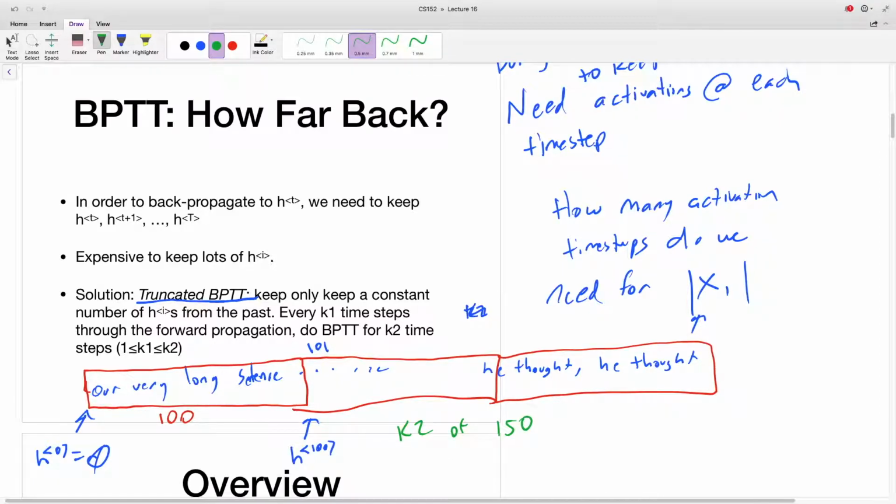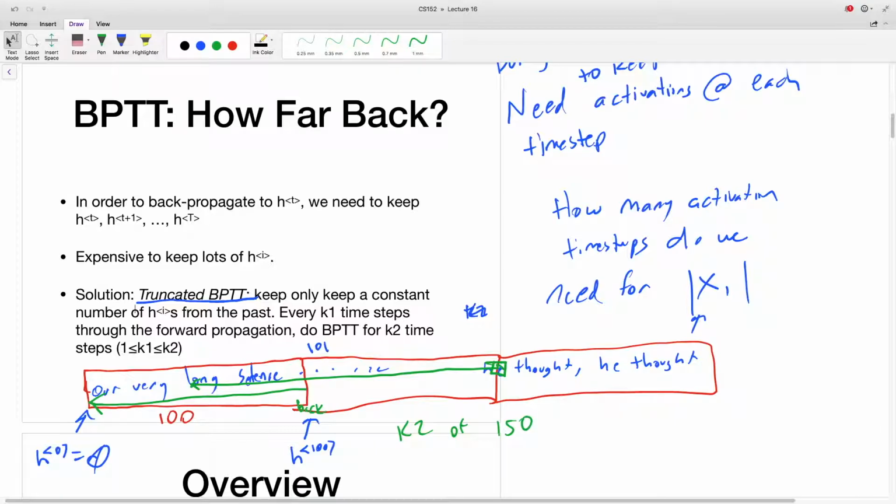So the first place we would do a backward propagation, right, would be here. We do a backprop at time step 100 because K1 is still 100, and we would look back 100 time steps. What's the next time we would do it? At 200. So we do a backprop here, and we go back how many time steps? 150. So we would go from here to here.